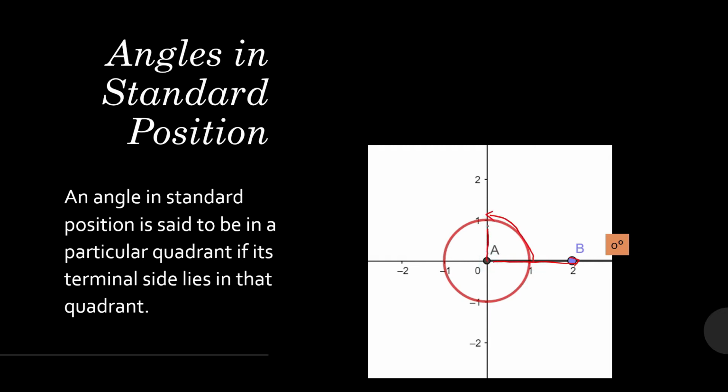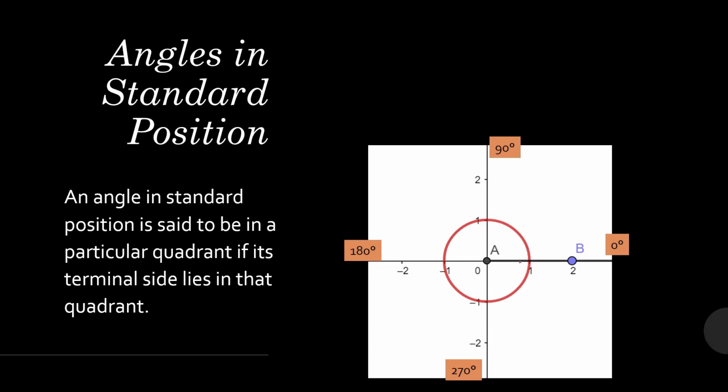So that means it's going to be a 90-degree angle. When it is 1/2 of a complete revolution, it's 180 degrees. When it is 3/4 of a complete revolution, it is 270 degrees.